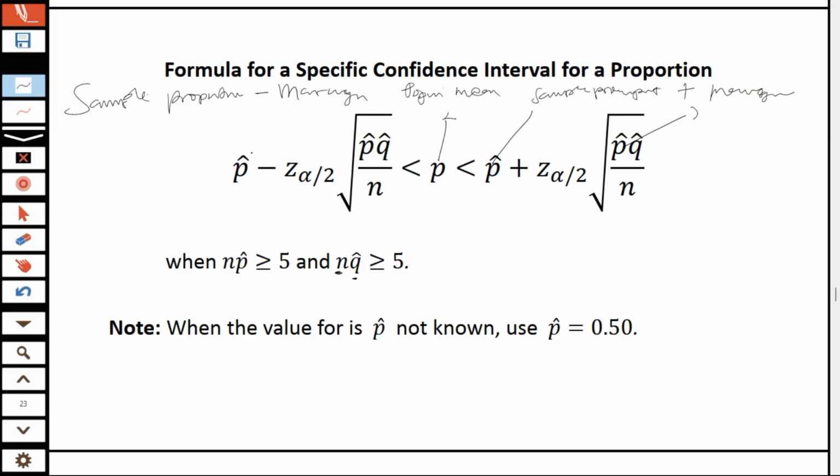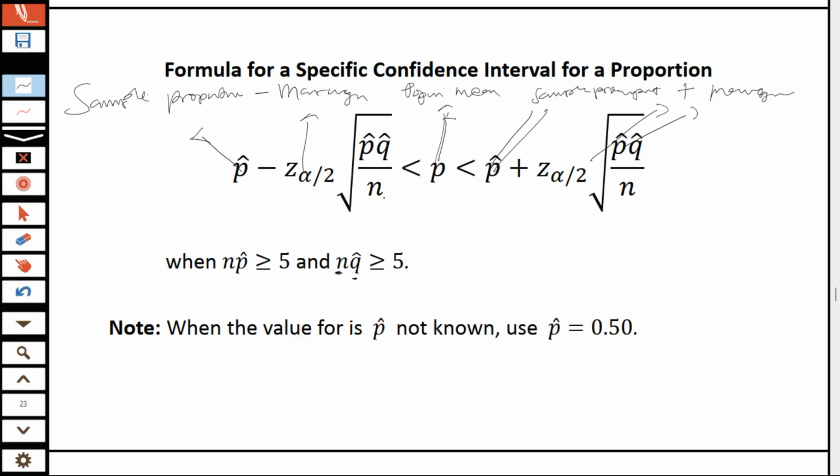So here this one is our sample proportion minus the margin of error, and this one will be our sample proportion plus the margin of error. So this one to the left, we are just going to subtract the margin of error from the sample proportion.